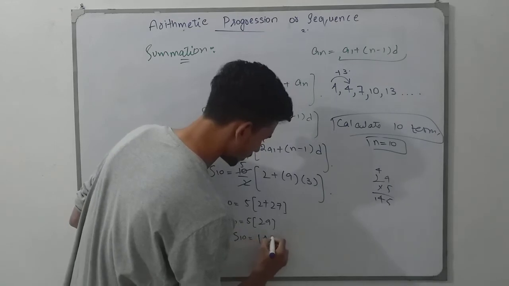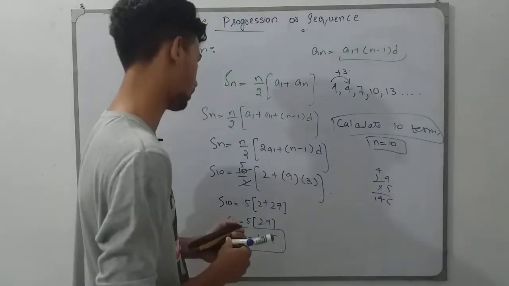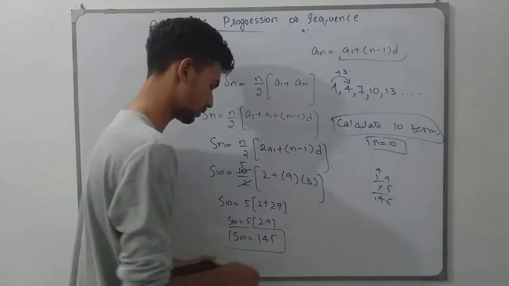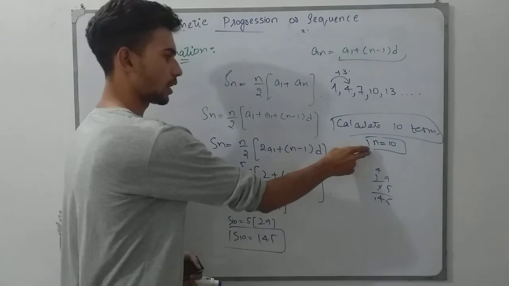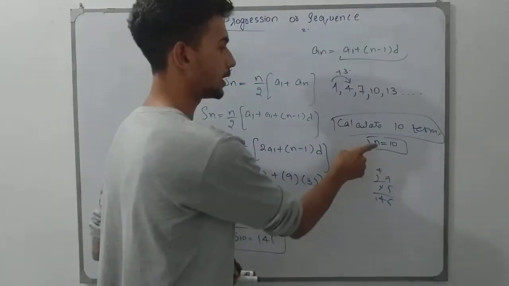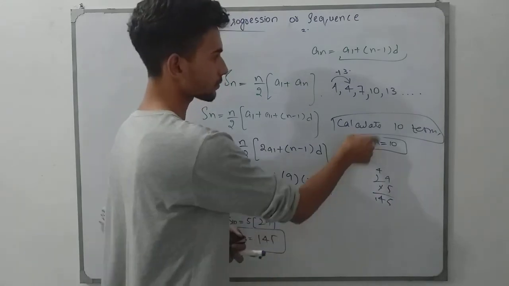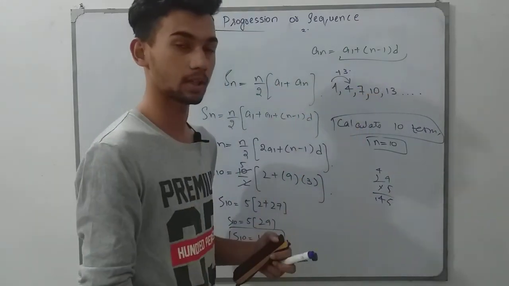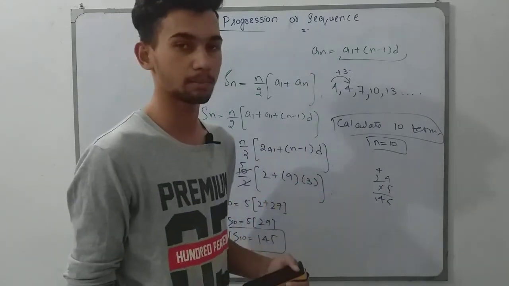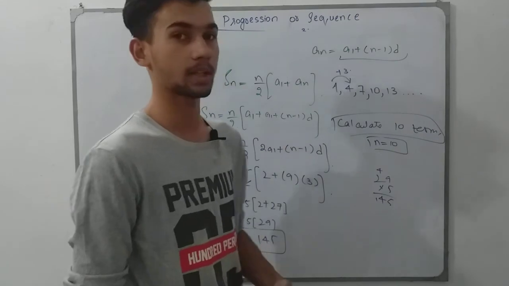So the summation of the arithmetic progression, we have got the answer of 145. You can check this out. We are asked to find the sum of 10 terms, find the value of each term by using the first formula, and add them by using a simple calculator. If you want to do it quickly, you can use this formula for calculating the values.